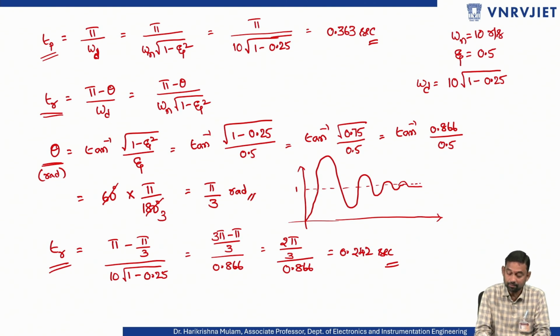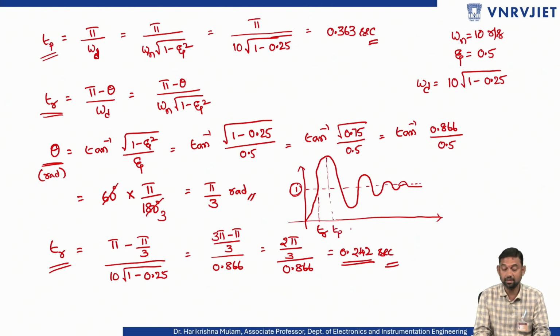Rise time is the time taken for the response to reach 100% of the final value for the first time. Therefore, this rise time is equal to 0.242 seconds. Whereas peak time is the time taken by the response to reach the peak value for the very first time. And we got that peak time as 0.363 seconds.